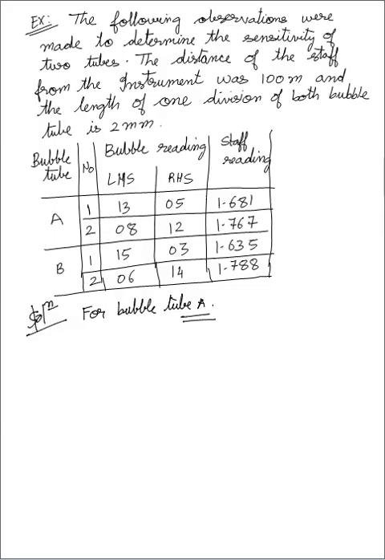now when the bubble is on the extreme left division, we have to see the LHS. So the first case is for bubble tube A when the bubble is at the extreme left division.